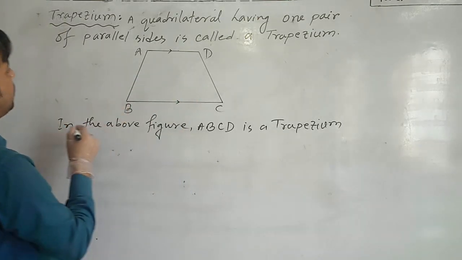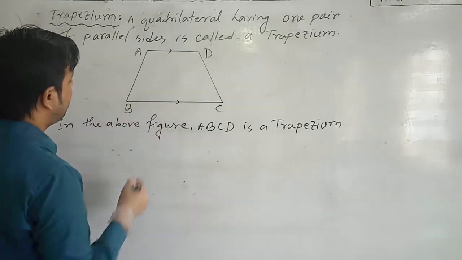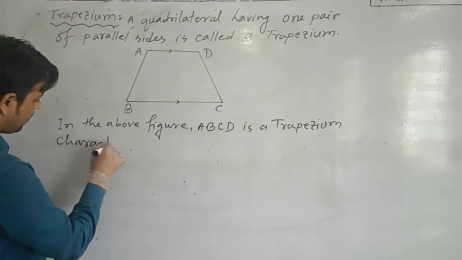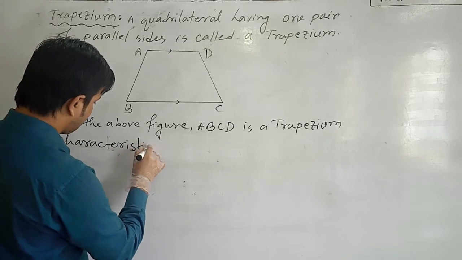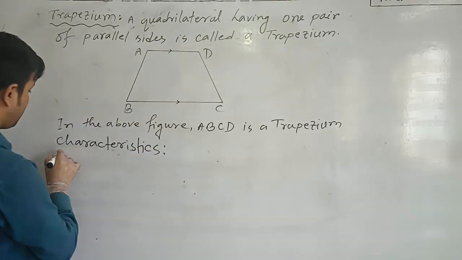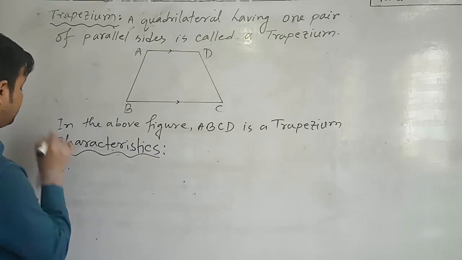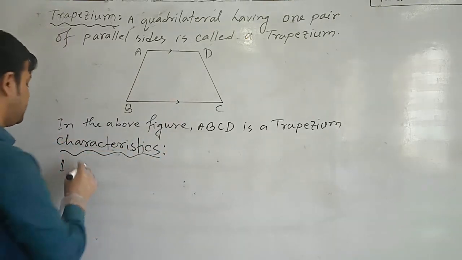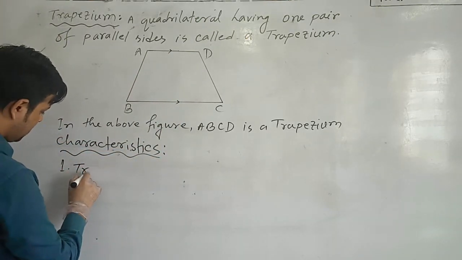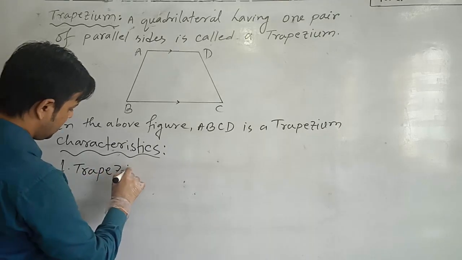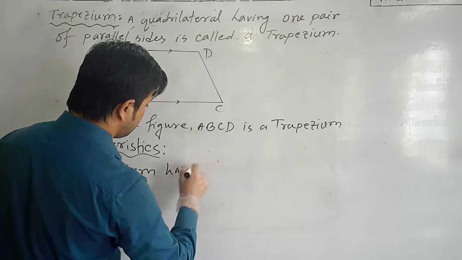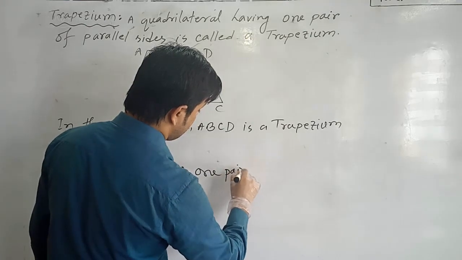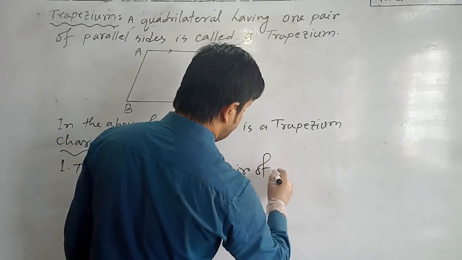Now I'll show some characteristics or properties of trapezium. First one, only one pair of parallel sides. It means that trapezium has one pair of parallel sides.